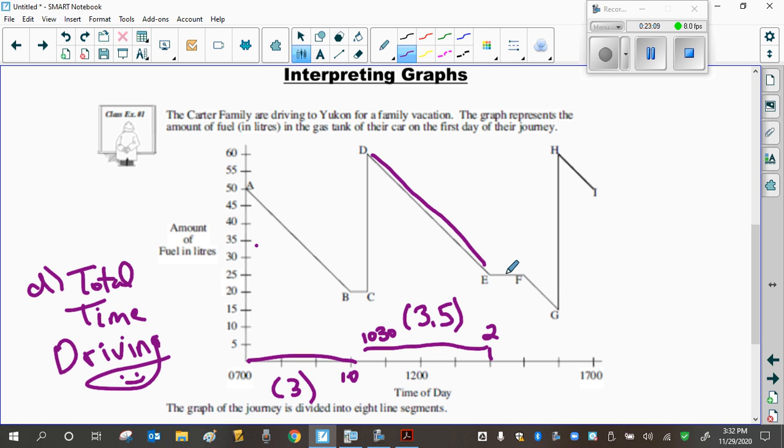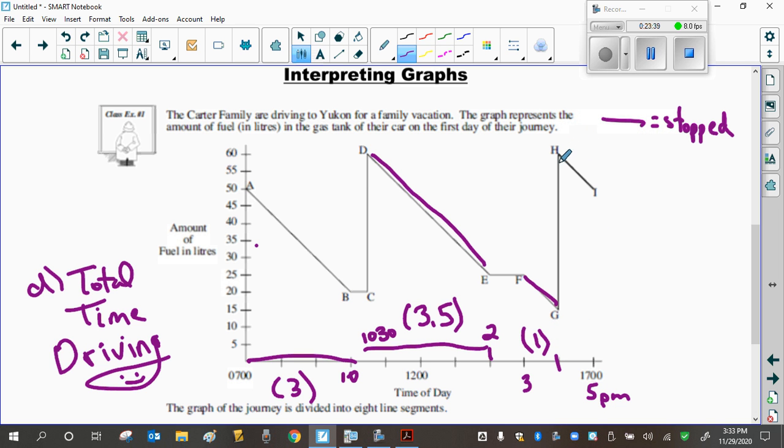Now driving here, you're stopped. Any straight line means stopped. Here, you got 3 o'clock in the afternoon. 4 o'clock, that's 5 p.m. And you're driving from F to G, so 3 to 4, so there's another 1 hour.